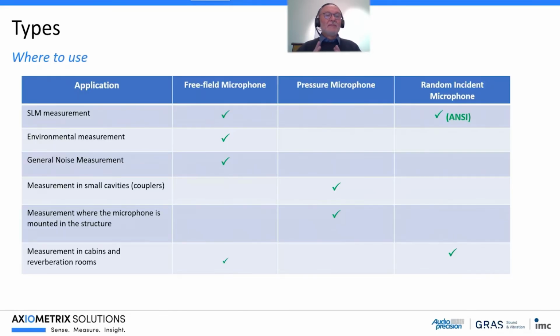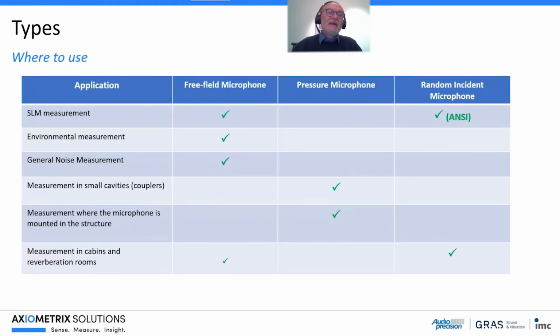If you mount the microphone in a structure, like we talked about before, an aircraft wing for instance, then you use a pressure microphone. It's the same if you mount the microphone in or on the structure: it's a pressure microphone you will use.